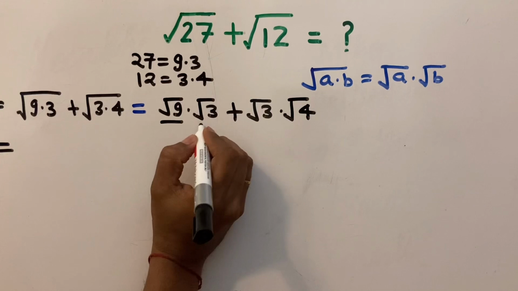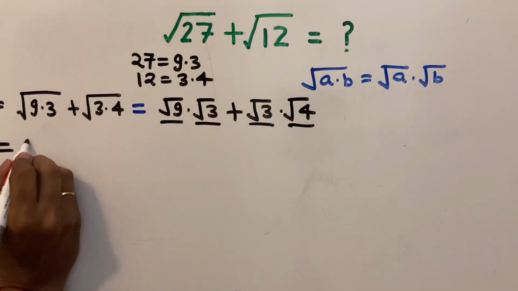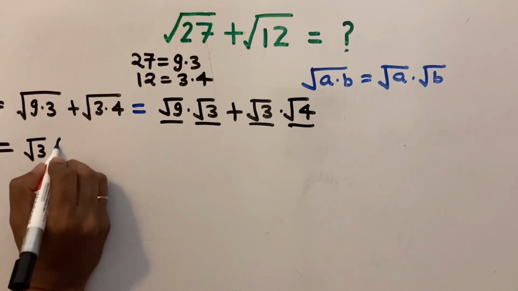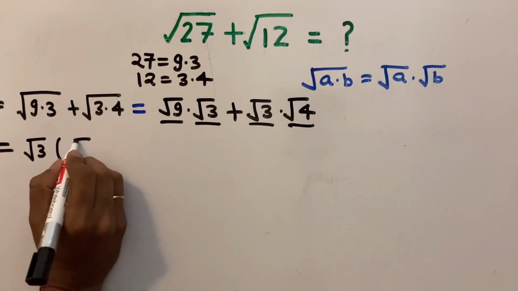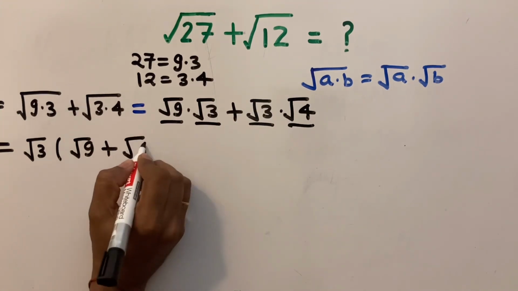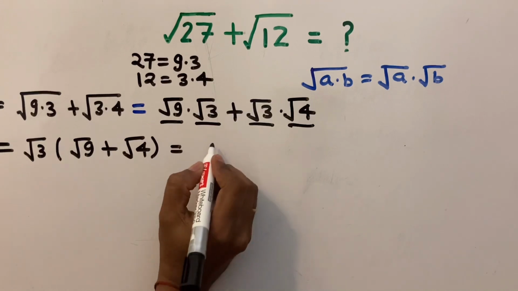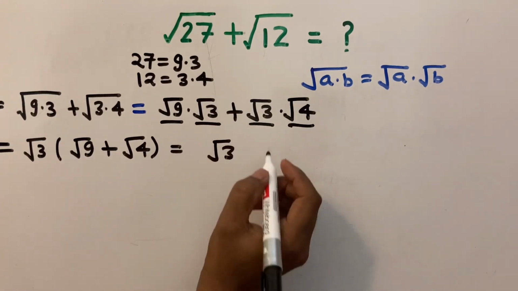As we can see, square root of 3 is common. Take square root of 3 as common. This becomes square root of 3 multiply bracket square root of 9 plus square root of 4.